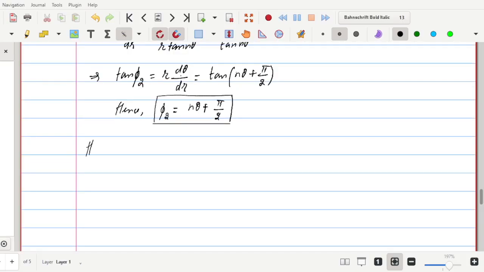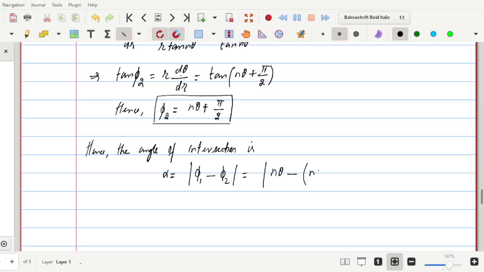Hence we are ready to compute the angle of intersection. The angle of intersection, which we denote as alpha, is the modulus of phi 1 minus phi 2. Phi 1 we have already computed to be equal to n theta, minus phi 2, which is n theta plus pi by 2.